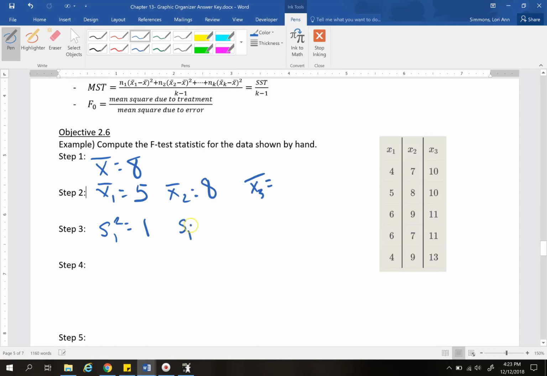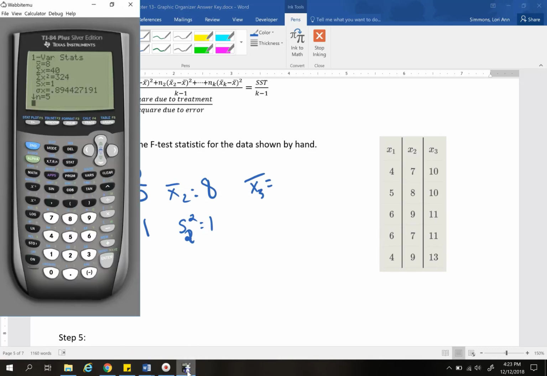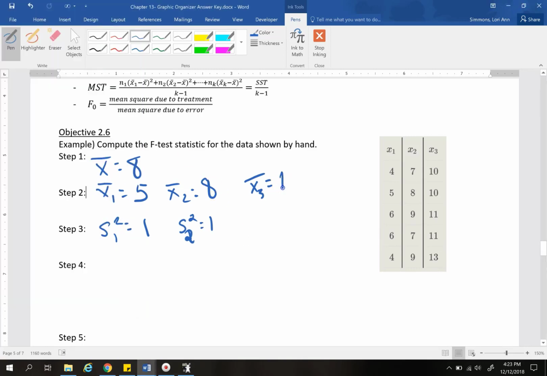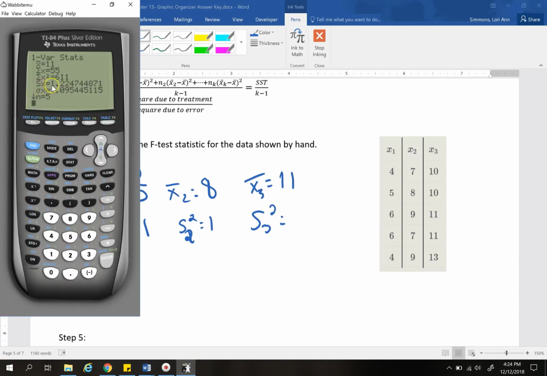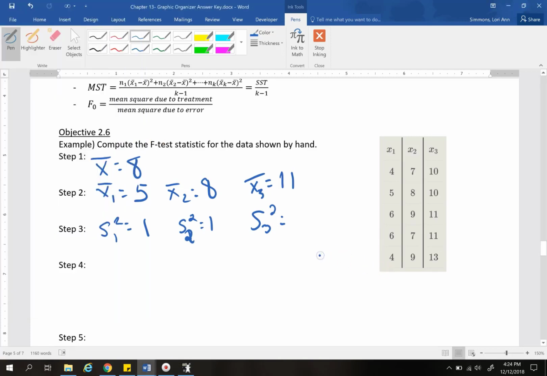When you square that, you get 1. And then the third list, mean is 11. For the variance, we're going to square 1.2247, and it is 1.5.